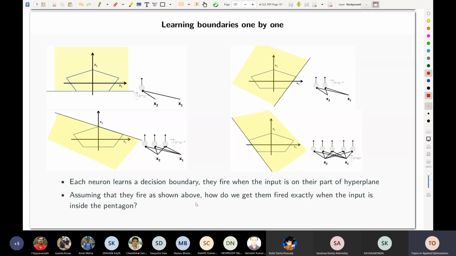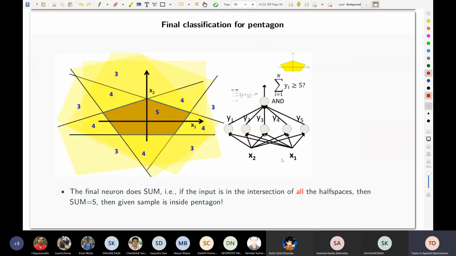OK, assuming that they fire, how do we get the final neuron to fire exactly when the input is inside the polygon? Well, this is the final picture. So I have x1 and x2, and they go to all the perceptrons, and from there we check whether the output sum is greater than the threshold, which I need to be 5. If it is greater than or equal to 5, then I will flag that the point is inside.